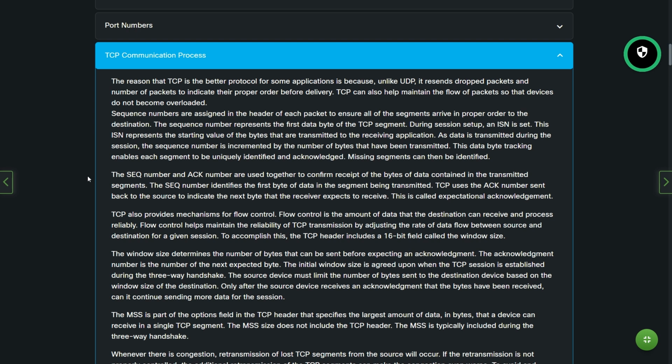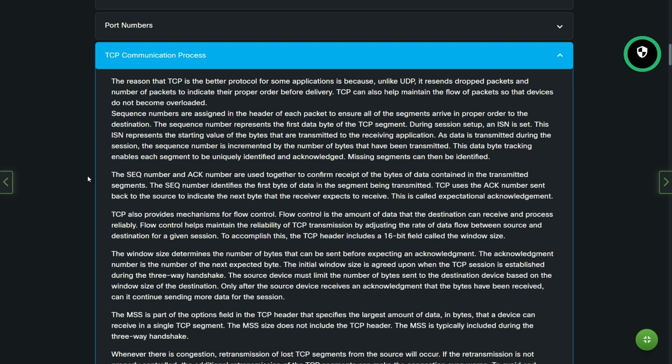As data is transmitted during the session, the sequence number is increased by the number of bytes that have been transmitted. This data byte tracking enables each segment to be uniquely identified and acknowledged. Missing segments can then be identified.